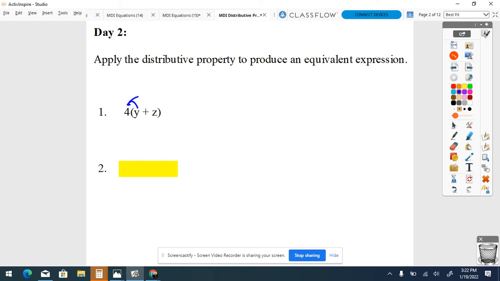So 4 goes to y and 4 goes to z. So the arrows again mean multiply. So 4 times y is 4y. 4 times z is 4z. And then in the middle, you notice I have a plus sign. So 4y plus 4z. All right, once again, pause the video and go ahead and solve number 2.